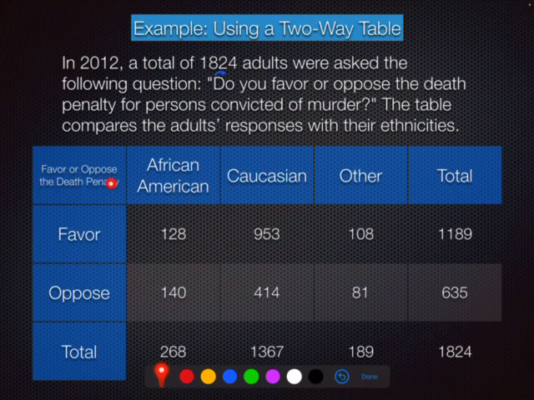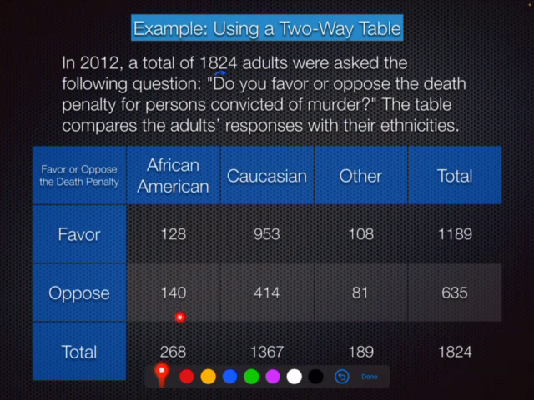So again, this is a two-way table because in our vertical column we have the first categorical variable, do they favor or oppose the death penalty? But we have another categorical variable, which is their race: African American, Caucasian, or other.